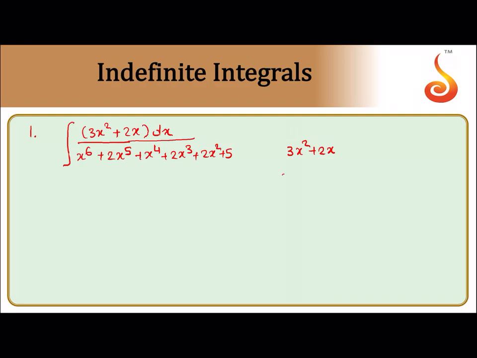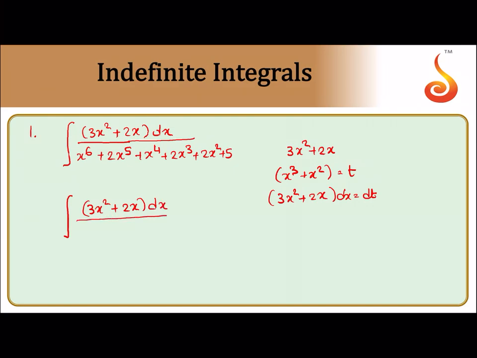Since the numerator is given as 3x square plus 2x, it means if I take x cube plus x square equal to t, the derivative is present as 3x square plus 2x dx equal to dt. So we have to rearrange the denominator in such a way.